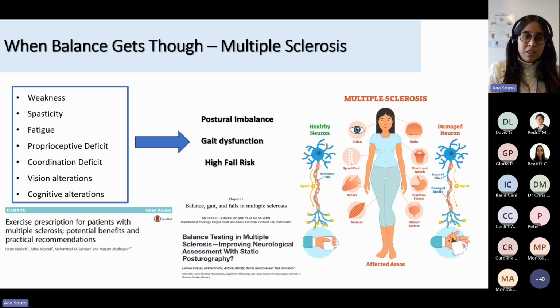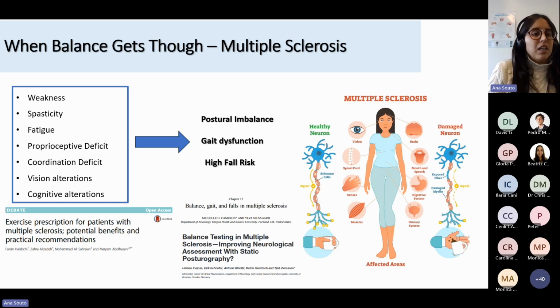The main symptoms of multiple sclerosis are weakness, spasticity, a pathological increase of the muscle tone, which will affect movement quality a lot, fatigue, proprioceptive deficit, coordination deficits, vision alterations, and cognitive alterations.